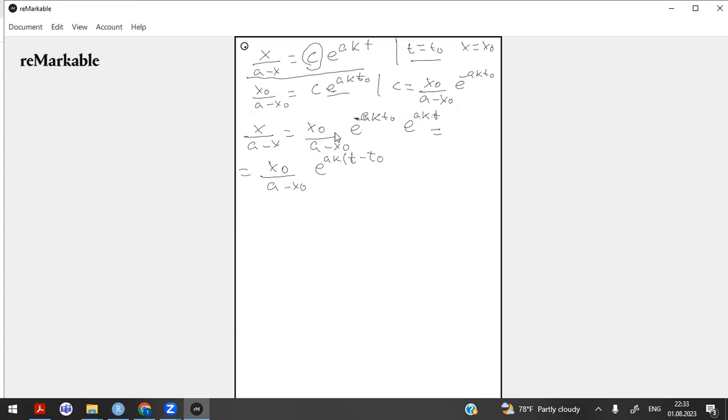Because it's the power rule. So just to rewrite this whole thing, what we have here: x, a minus x equals x0, a minus x0, then here we'll have e to the power of ak t minus t0, okay?